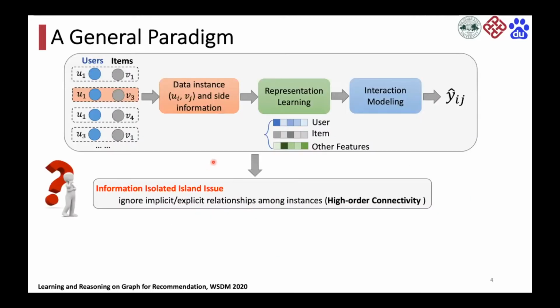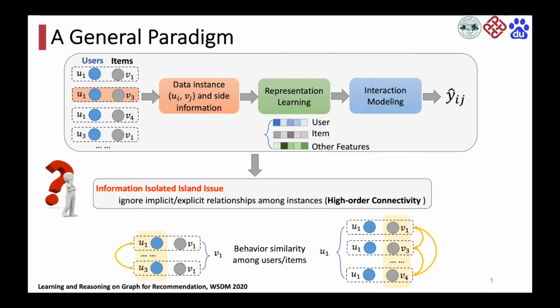However, such a general paradigm treats each observation as an independent instance and ignores the implicit and explicit relationships among the instances. We call this the information isolation issue. In fact, there exist potential relationships among the users and items.